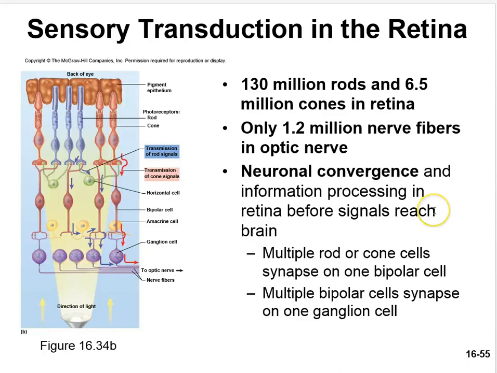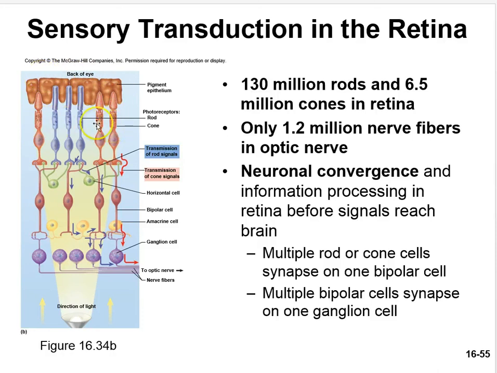But with neuronal convergence and information processing in the retina before the signal reaches the brain, multiple rod and cone cells can synapse on one bipolar cell, and multiple bipolar cells can synapse on one ganglion cell. So way back here, here's that pigment epithelium that I talked about a couple slides ago.